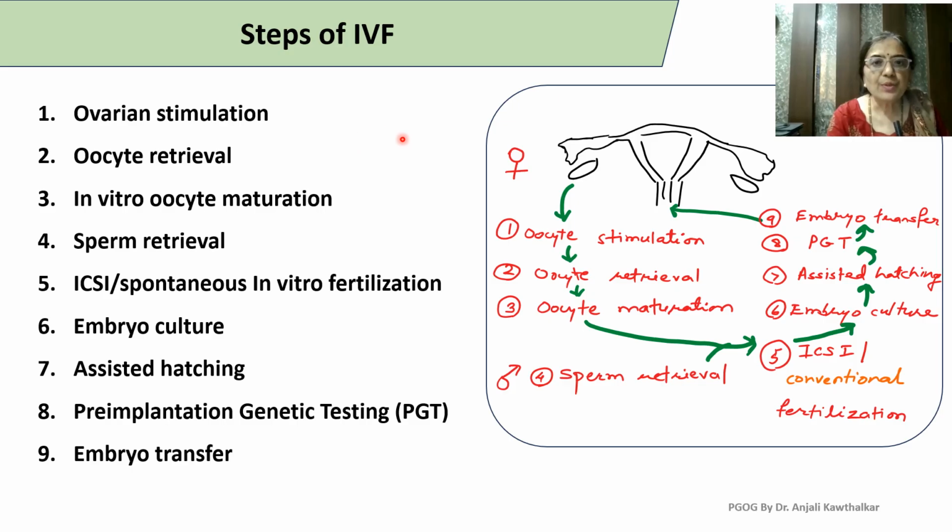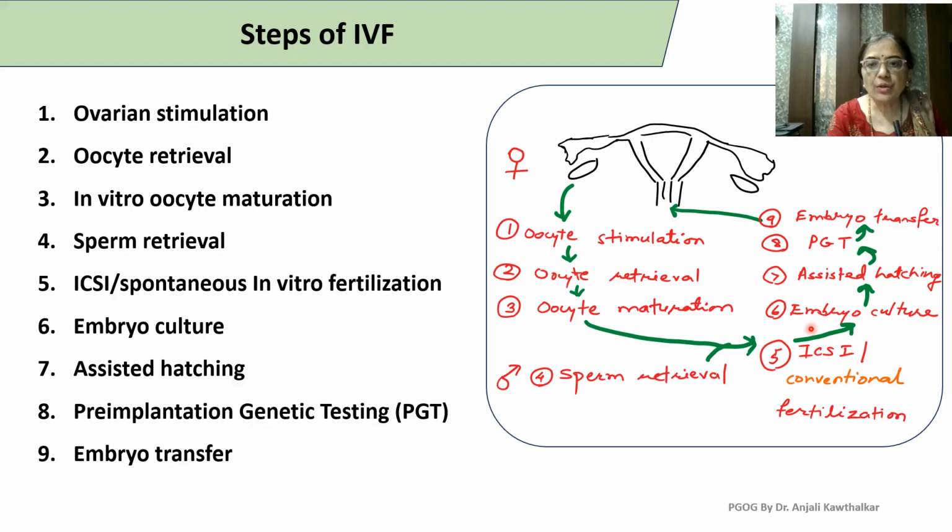Now, these are the steps of IVF. It is important to remember these steps. The first three steps, as we can see here, are related to the oocyte. Then the fourth step is related to sperm. Once we get the oocyte and the sperm ready, then comes the first stage of fertilization.